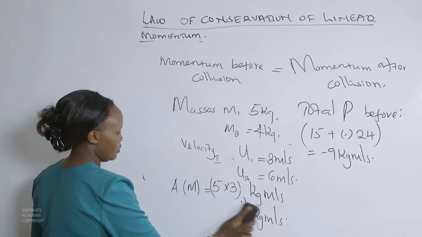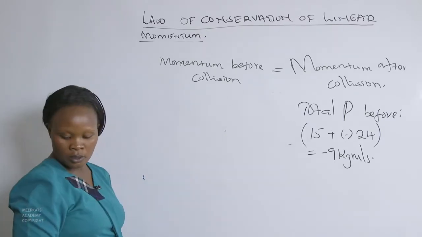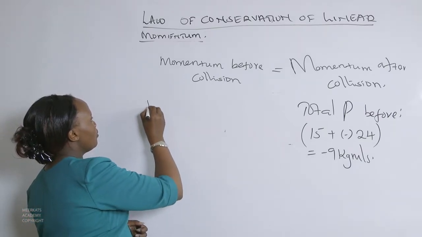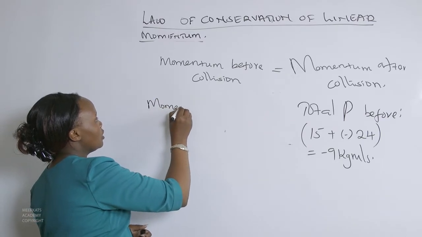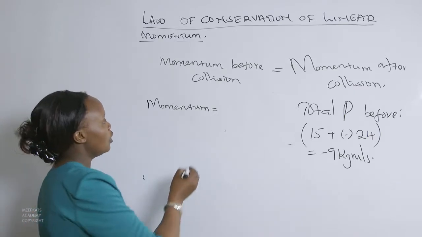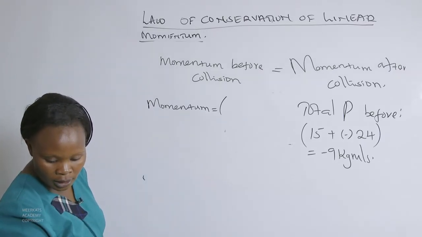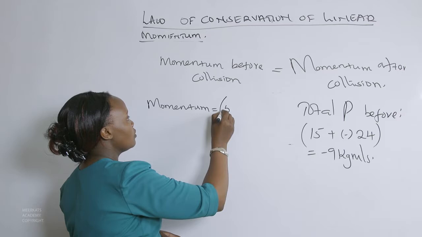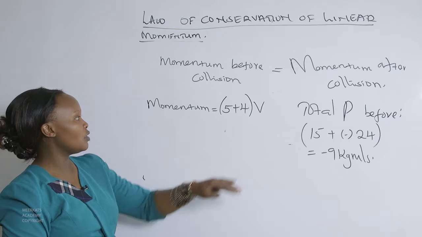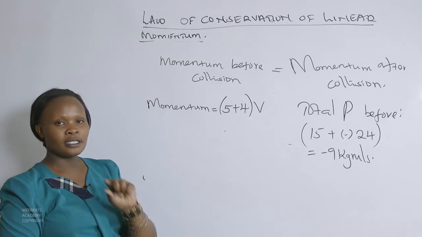Therefore, momentum will be given by the sum of their masses, which is 5 plus 4, and this one we multiply by the common velocity that is going to come about after collision.